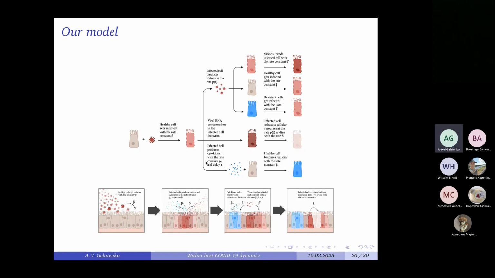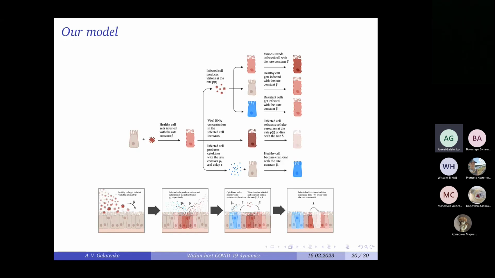And another function is that an infected cell produces cytokines with some constant rate and some delay. And these cytokines enter healthy cells and make them resistant. This is our model from the qualitative point of view.